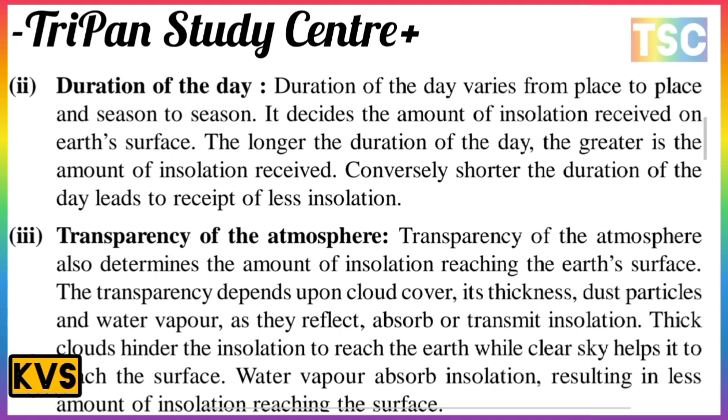The transparency depends upon the cloud cover, its thickness, dust particles and water vapors, as they reflect, absorb or transmit insolation. Thick cloudiness hinders insolation from reaching the earth, while a clear sky helps it reach the surface. The water vapor absorbs insolation, resulting in a lesser amount of insolation reaching the surface.